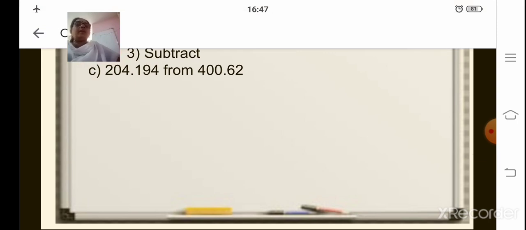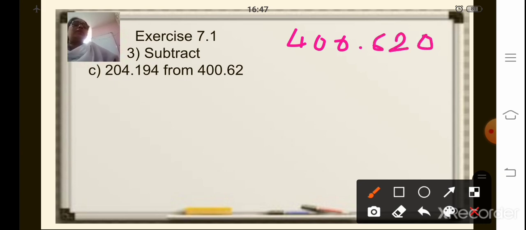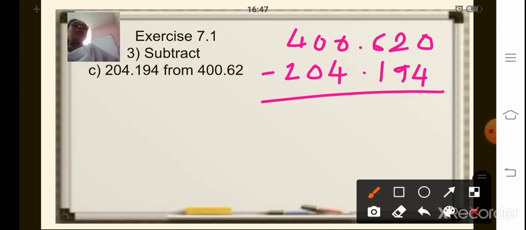So we'll write the number first, bigger number, bigger decimal number, that is 400.620 minus 204.194.